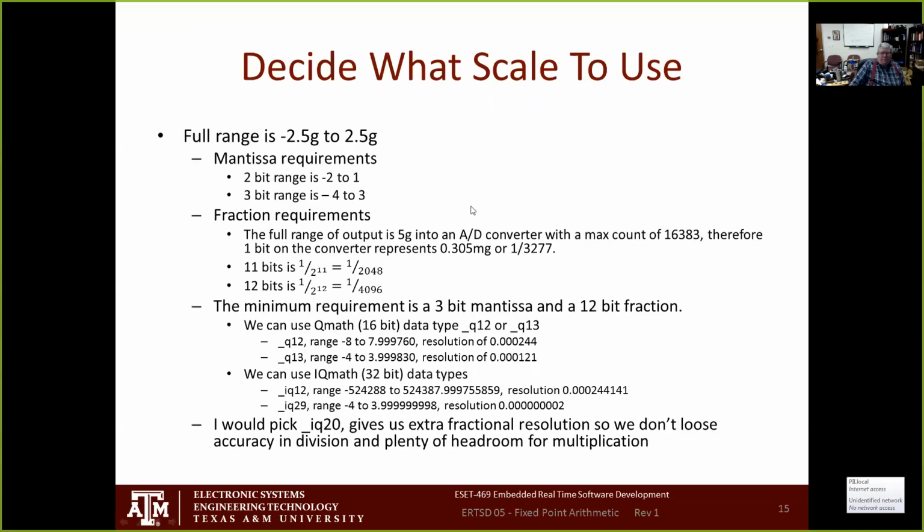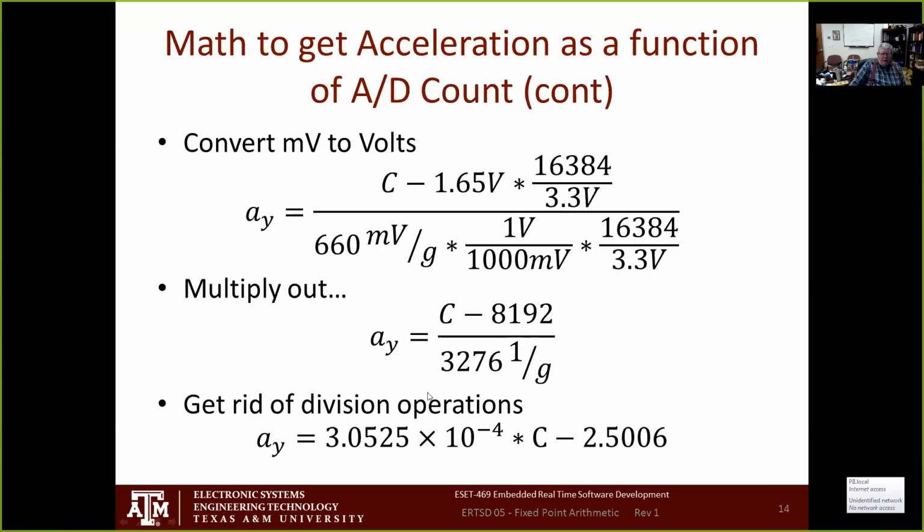So how do we decide? So now we know what this is in floating point. Now we're going to have to figure out how we want to deal with this in fixed point arithmetic, because right now everything that I've done is floating point, because that's the way I'm doing my math. It's actually decimal floating point.